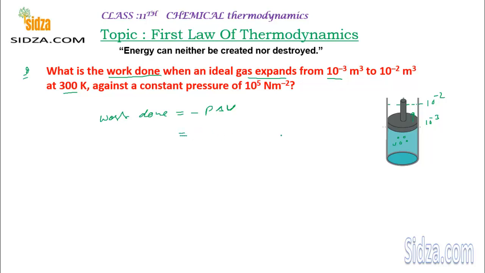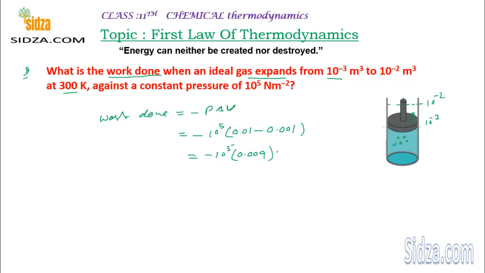The pressure here is 10 power 5 Newton per square meter, and the change in volume is the final volume minus the initial volume: 0.01 minus 0.001, which is 0.009.